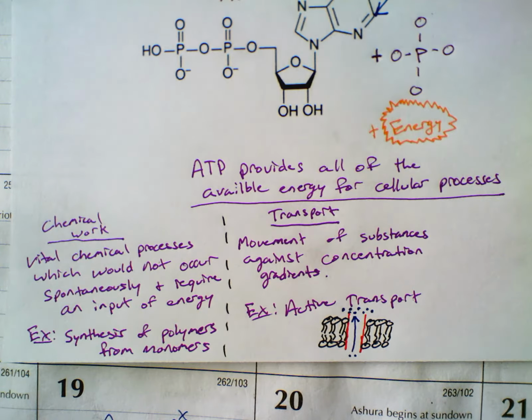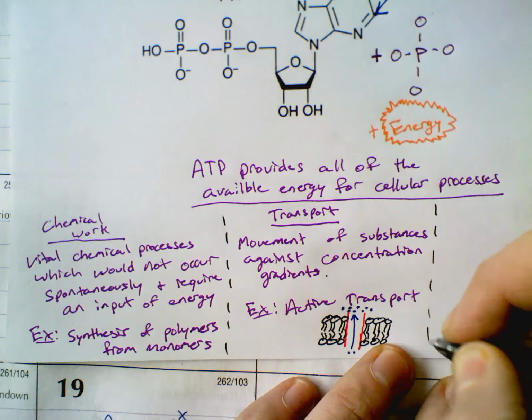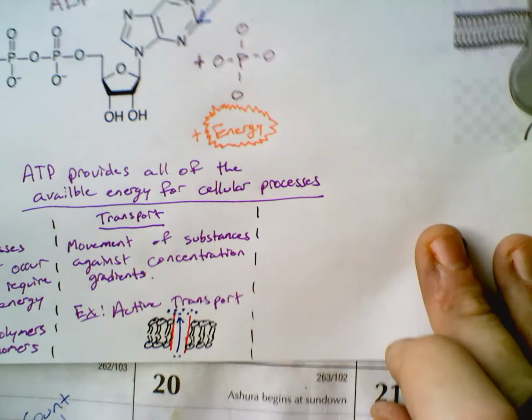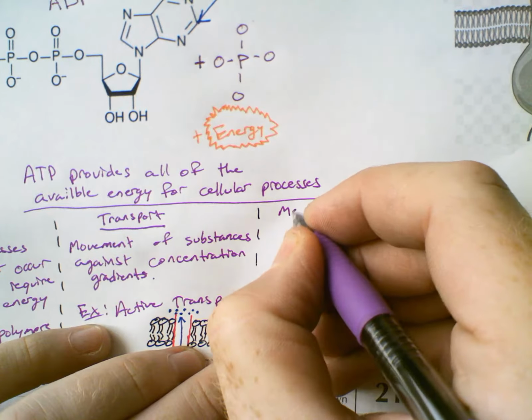Okay? So we have to be able to build stuff, we have to be able to move stuff, and the other category that we see ATP being needed for is just mechanical movement in general. So mechanical.